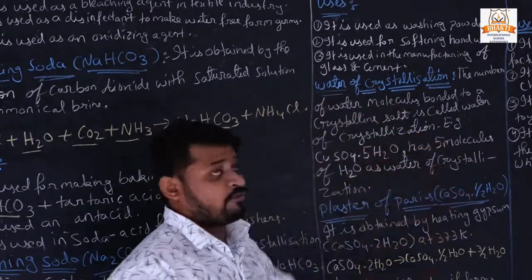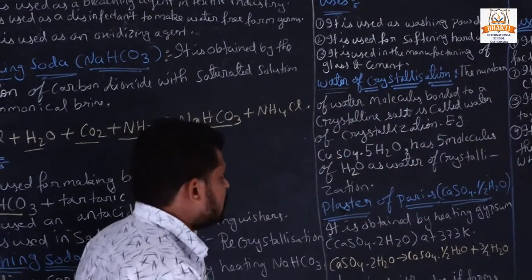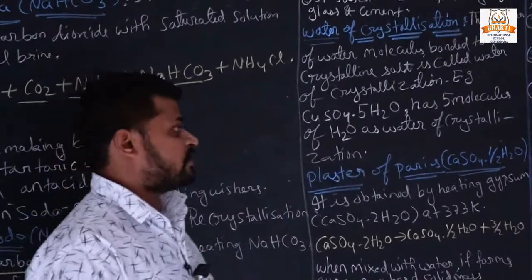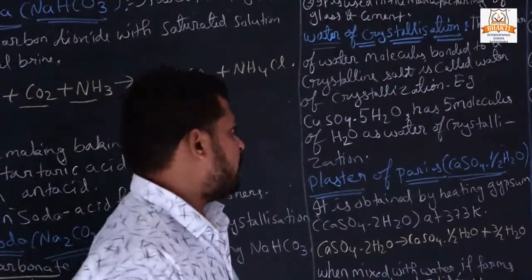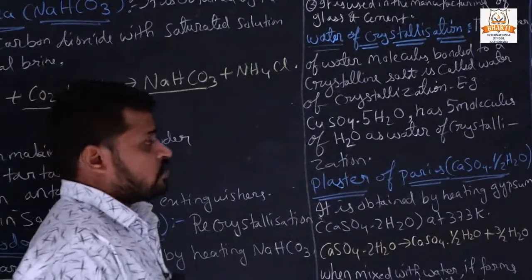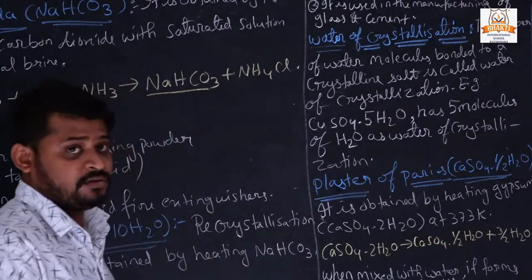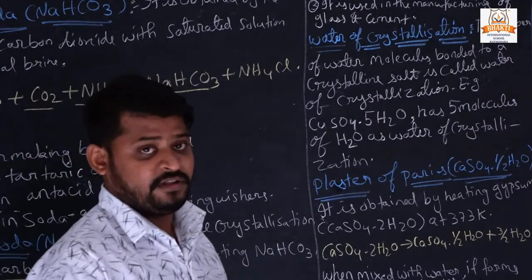Water of crystallization. What is water of crystallization? The number of water molecules bonded to a crystalline salt is called water of crystallization. When we make a crystallized salt, a number of water molecules are bonded with that salt.